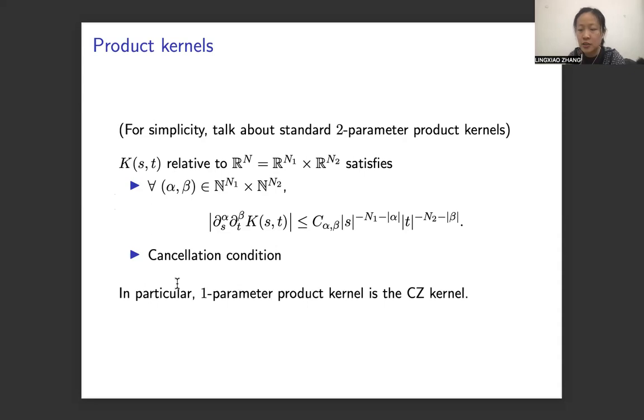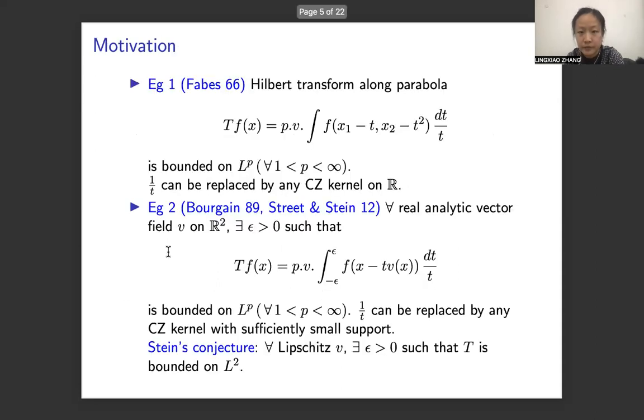That cancellation condition can be too technical to state here, but the cancellation condition for the Calderón-Zygmund kernel is well known. And the cancellation condition here is defined inductively on the number of parameters. Okay, so that's singular Radon transforms with product kernels.